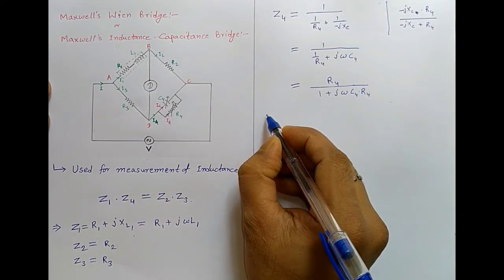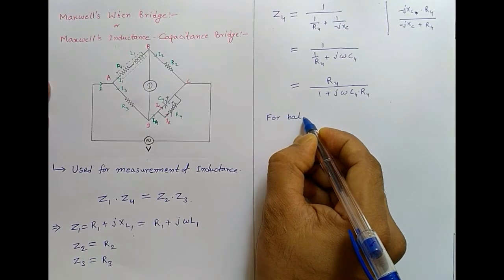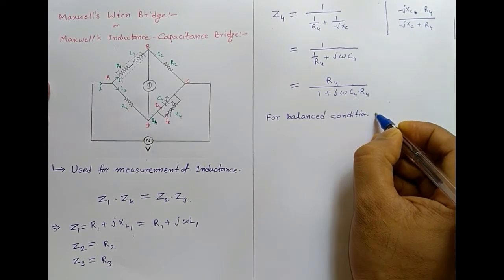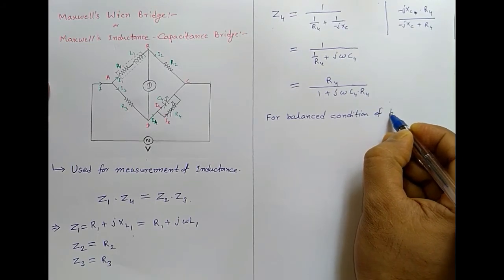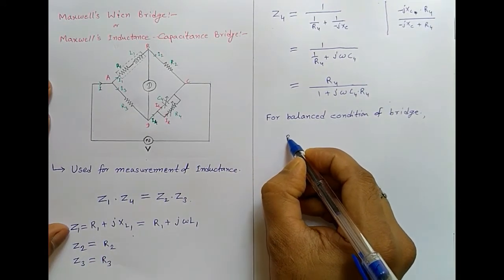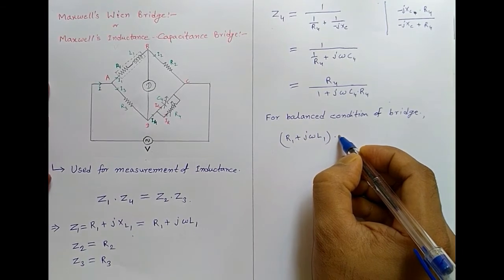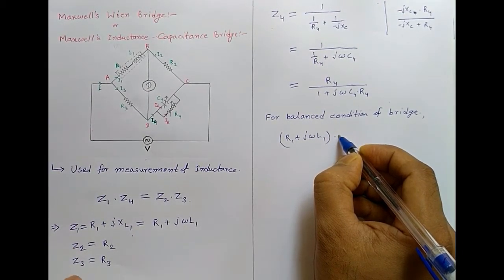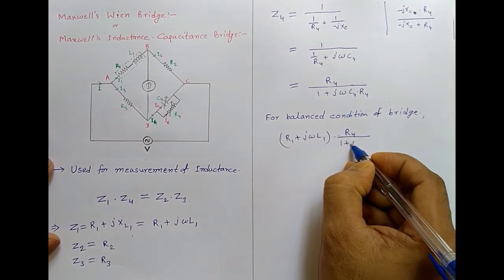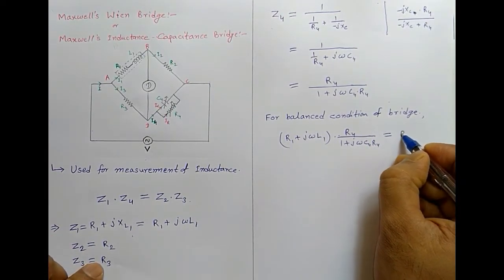For the balanced condition of the bridge, the equation will be (R1 plus j omega L1) into R2... into R4 divided by (1 plus j omega C4 R4) will be equal to Z2 into Z3, that means R2 into R3.